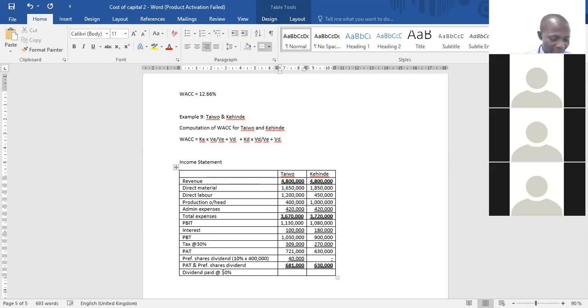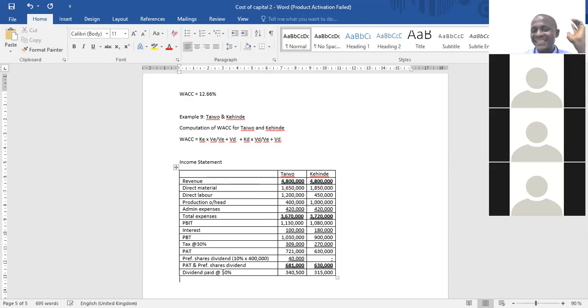So 681 times 0.5 is 340,500. And 630 times 0.5 will give you 315,000. These are the dividend.